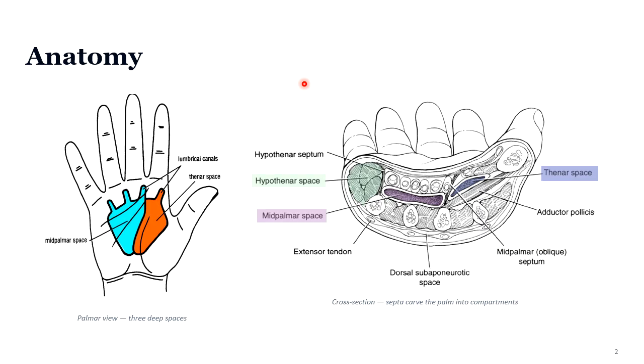Looking at this diagram on the right, which gives us a better three-dimensional understanding, we can understand how the floor of these spaces is formed by the metacarpal bones and the fascia over the interossei. The contents of the space, strictly speaking, are only the lumbrical muscles, and just superficial to the space are the tendons and the sheaths of the flexor tendons.